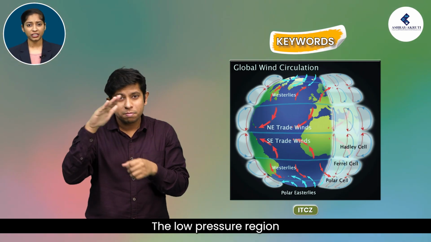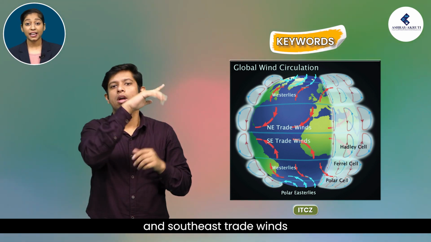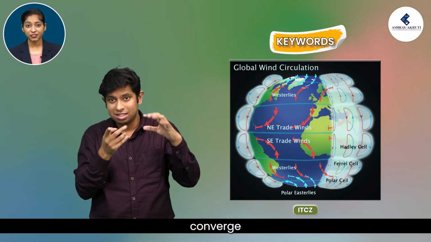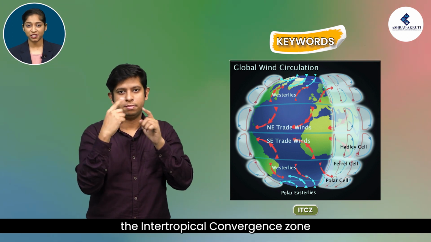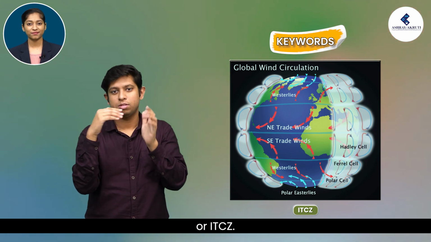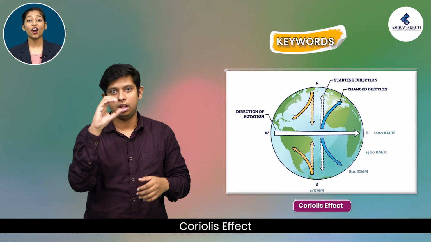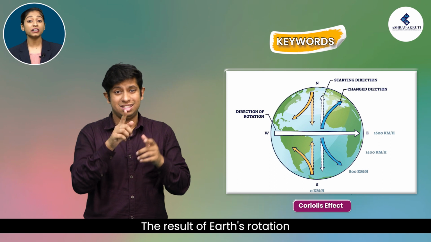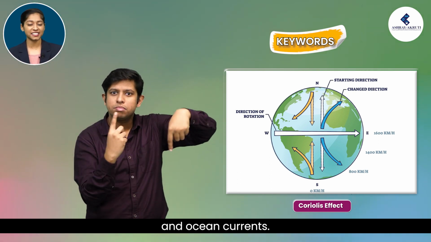The low pressure region around which northeast trade winds and southeast trade winds converge is called the Intertropical Convergence Zone or ITCZ. Coriolis effect. The result of Earth's rotation on weather patterns and ocean currents.